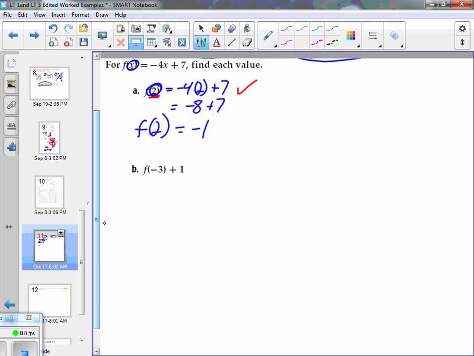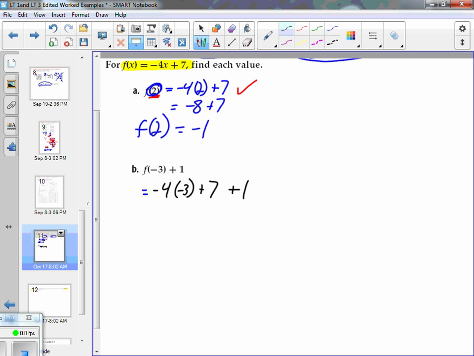B says to find f of negative 3 plus 1. So first, let's write down what f of negative 3 is going to equal. Remember what f of x is. It hasn't changed for the whole problem. So f of negative 3 will be negative 4 times negative 3 plus 7, right? And then what am I supposed to put after that?